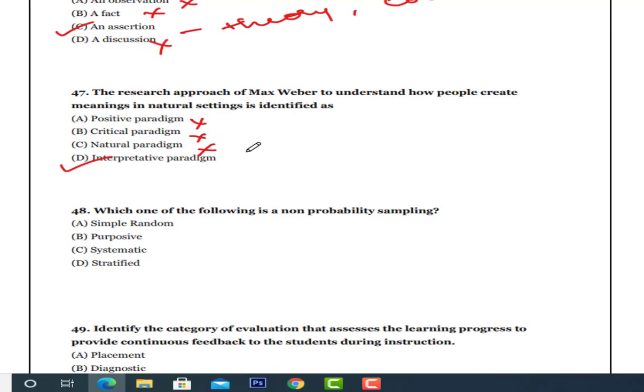If I show a toy to a child, their understanding is different from a matured person's, right? So interpretative paradigm is the right answer: how people create meanings in natural settings is identified as the interpretative paradigm.